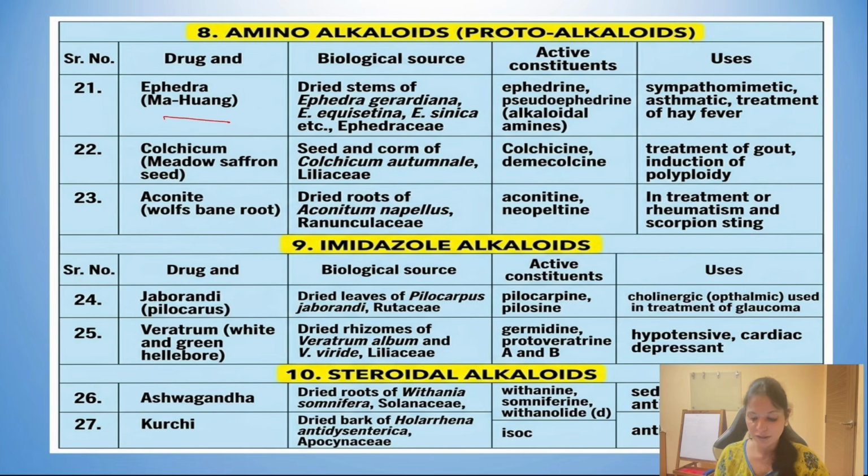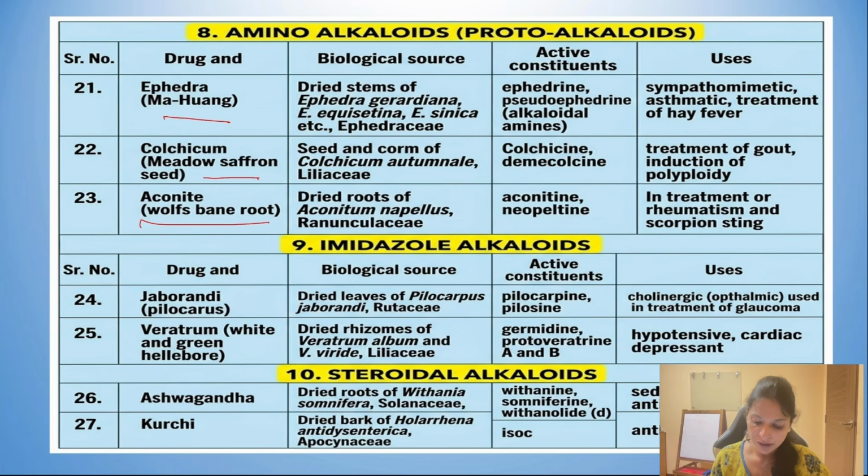If you see carefully, these three amino alkaloid examples have other names or synonyms. Aconite is also known as wolf's bane root. So ephedra is also known as mahuang, colchicum as meadow saffron seed, and aconite as wolf's bane root.